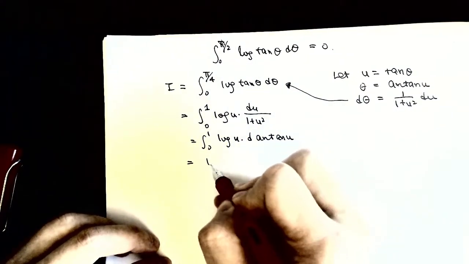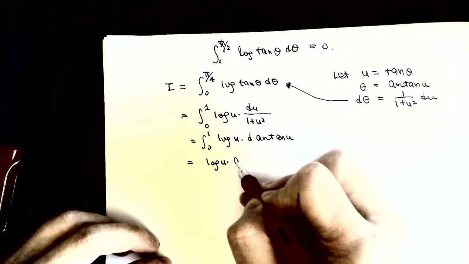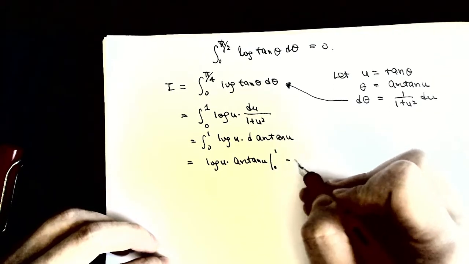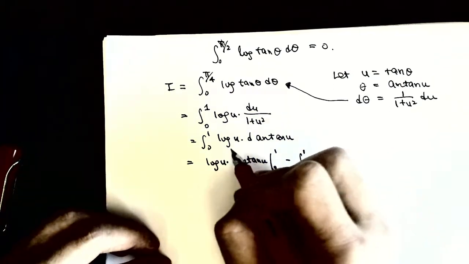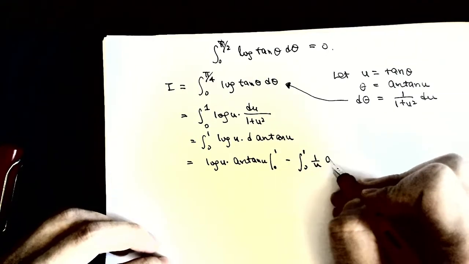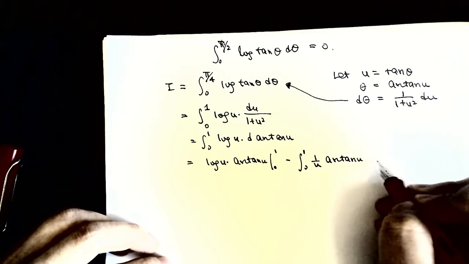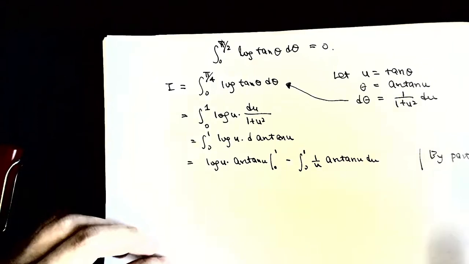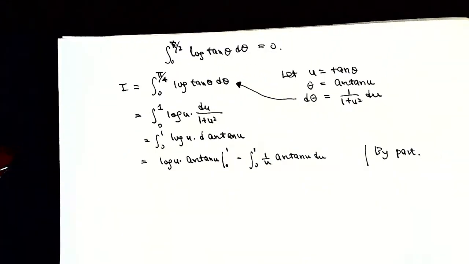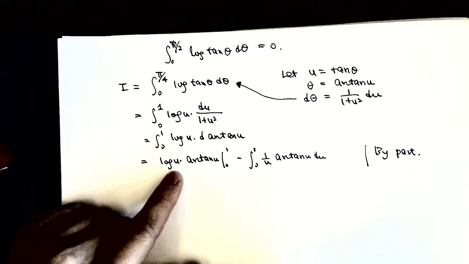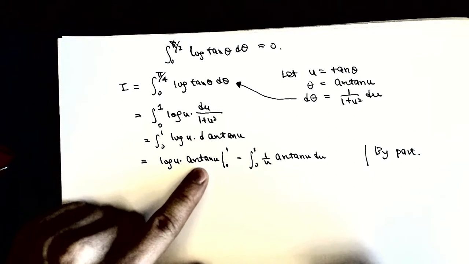So what we have is log u times arctangent u from 0 to 1, minus the integral from 0 to 1 of the derivative of log u, which is 1 over u, times arctangent u du. Now we have to evaluate this limit. When u is equal to 1, this is 0, so it's okay.